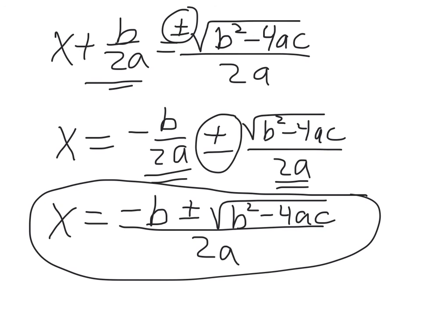So that's what we call deriving the quadratic formula, and since we've done that now, instead of having to do that over and over and over again, we can just remember the quadratic formula. I think most of you know that already, right?